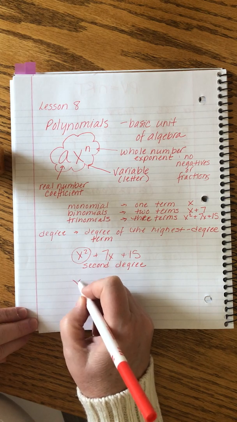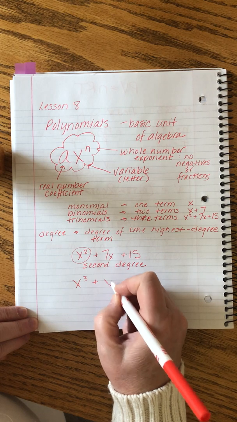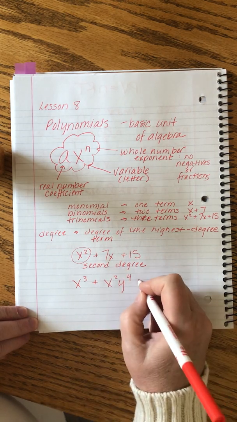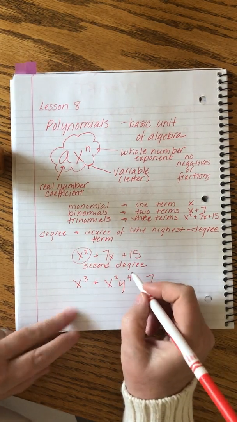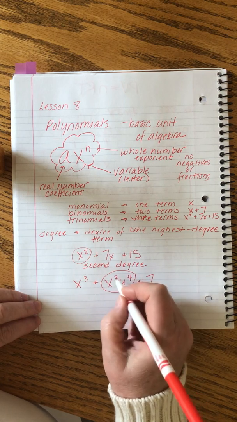What if you have x to the third plus x squared y to the fourth plus 7? This term, you combine the exponents.